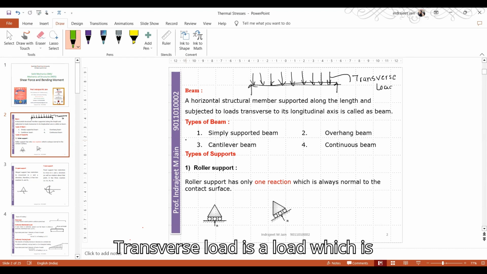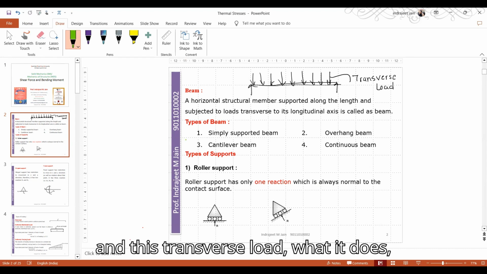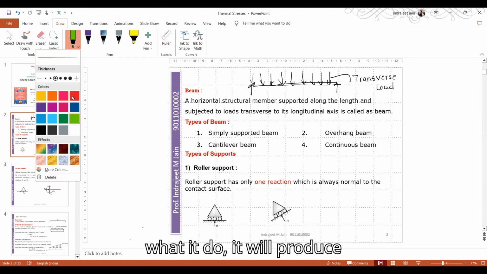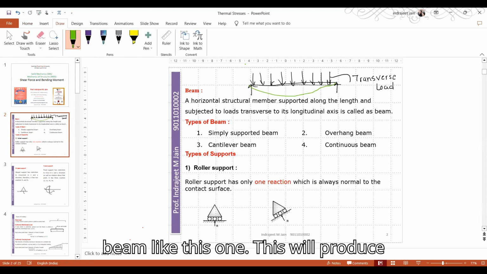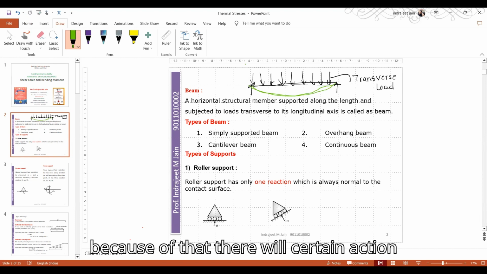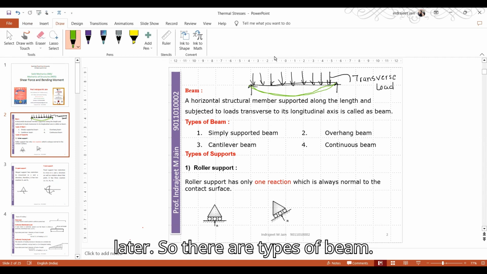Transverse load is a load which is perpendicular to the axis of member. And this transverse load will produce the bending of your beam like this one. Because of that, there will be certain action developed in the beam that I will explain later.